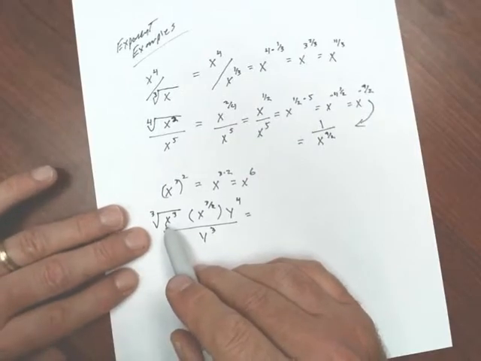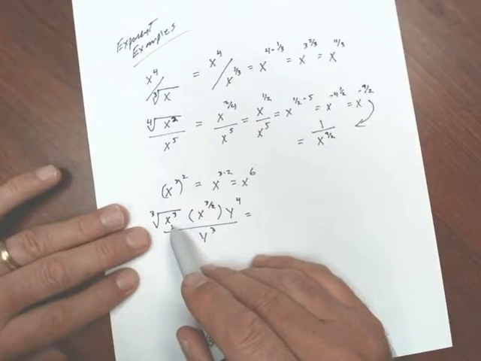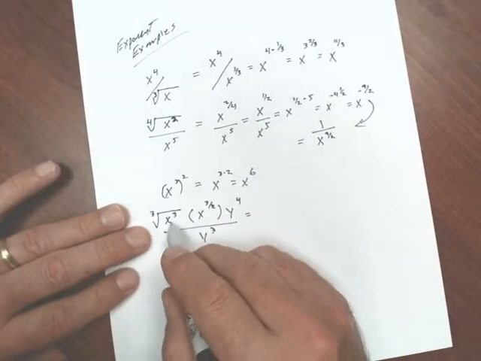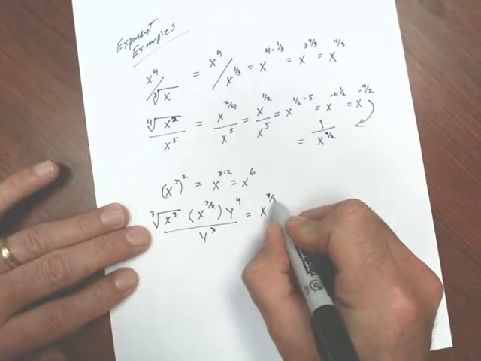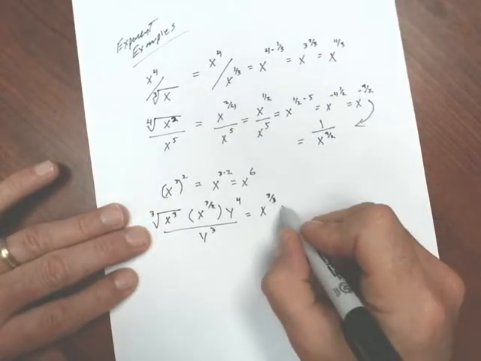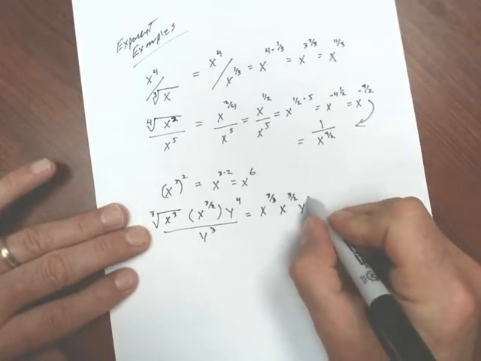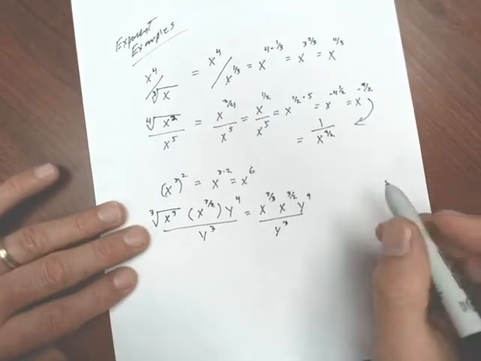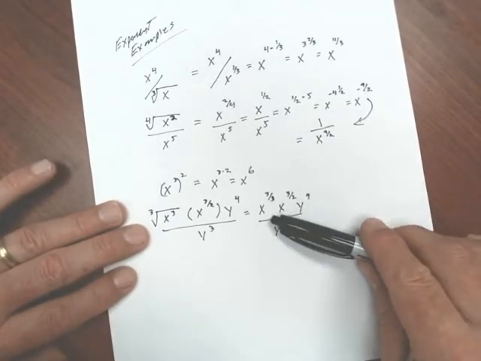Again, the first thing we want to do is rewrite this to make it a little bit more pleasing to the eye, and get rid of that radical sign. What is this? Well, that is x to the 2 over 3, times x to the 3 halves times y to the 4th divided by y cubed. Now here's the interesting thing.